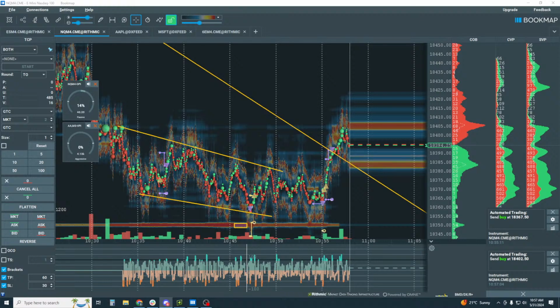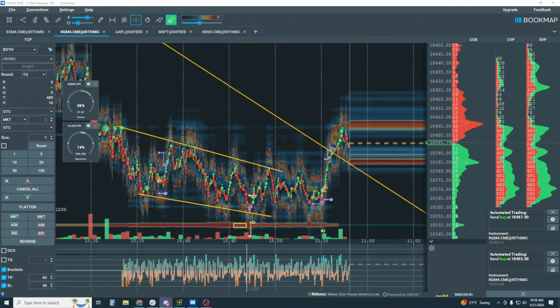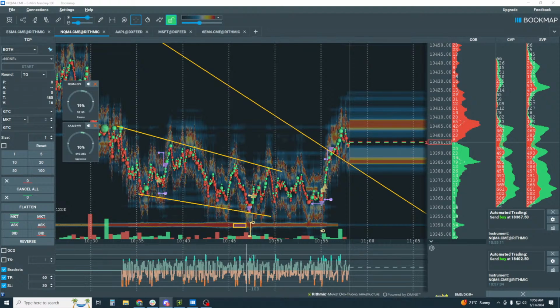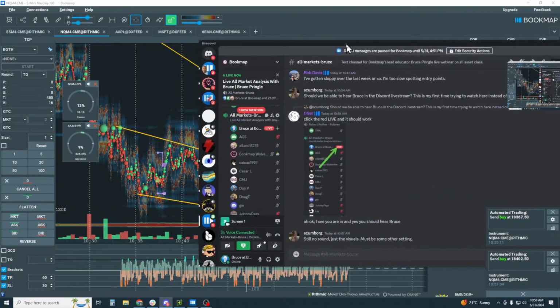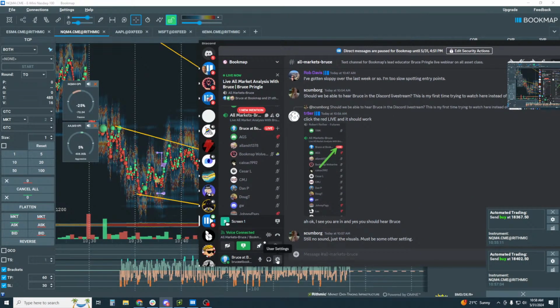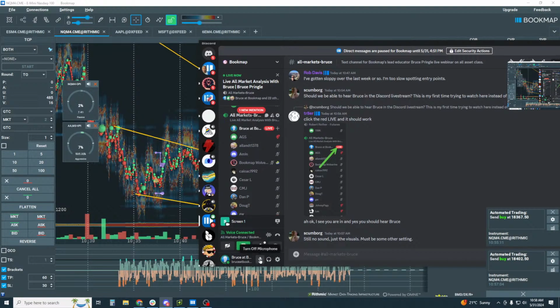Still no sound, just visuals. Okay. Now, you might want to play with the sound settings in the lower left-hand corner here. You should be able to click on your user settings here, or maybe this is deafen. You want to make sure that you don't see the red lines through here.